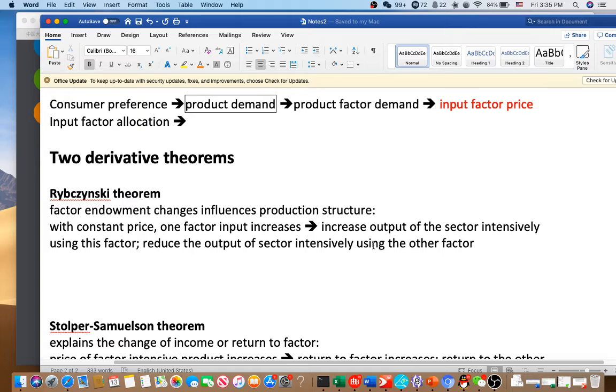And if labor increases, the PPF shifts outwards, and the labor productivity enhances from here to here.